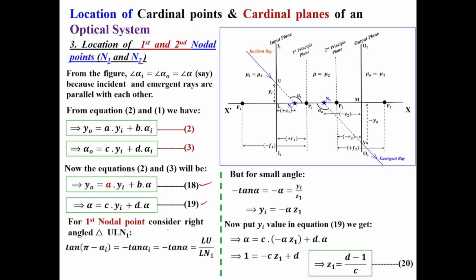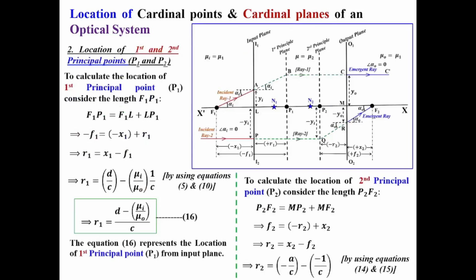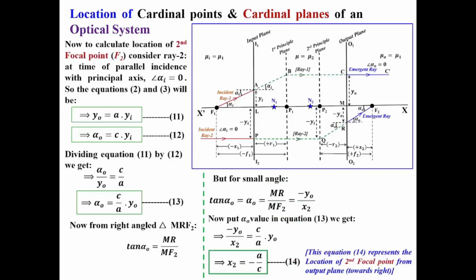For the first nodal point, consider a right angled triangle ULN1. Here, this is your right angle. If this angle is your alpha I, this angle will be 180 minus alpha I. Whenever we consider a right angle triangle for any calculation, we consider the inside angle.